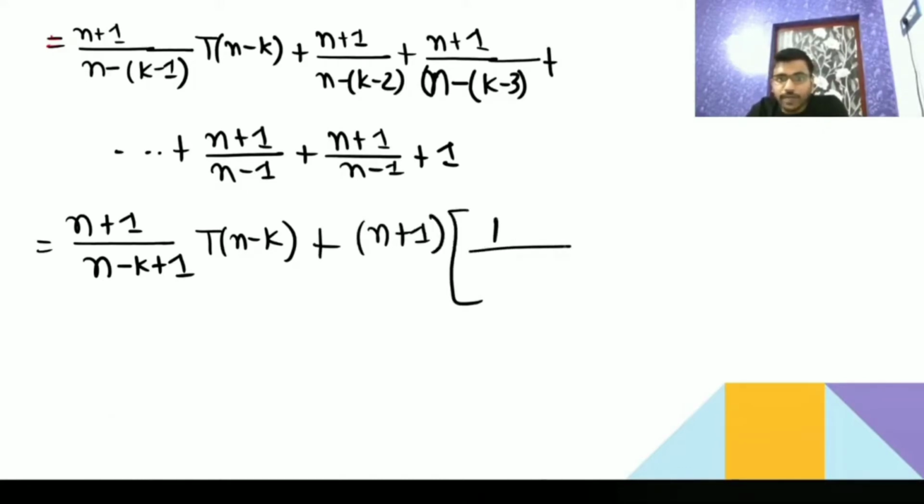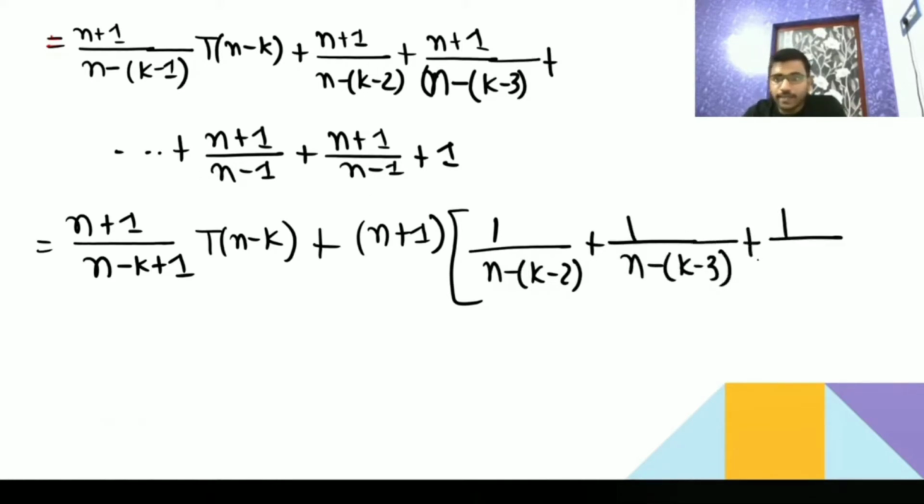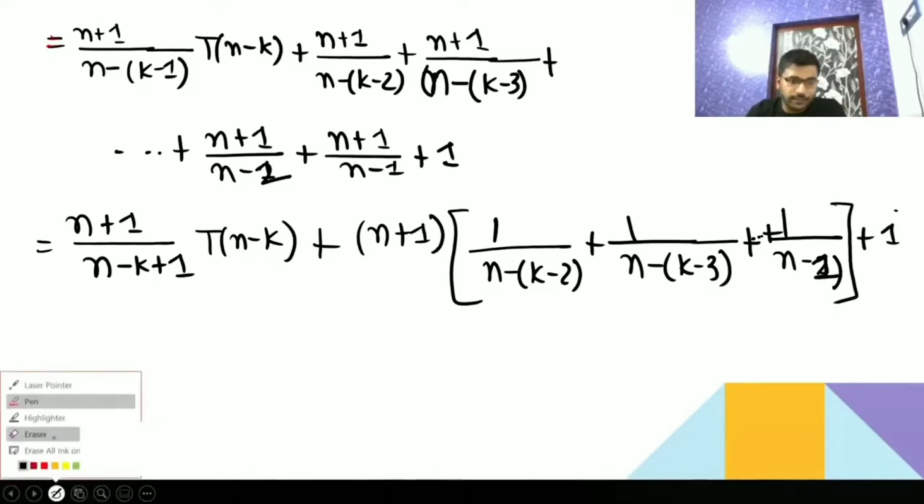So you are going to get 1 by (n minus k minus 2), then 1 by (n minus k minus 3), then 1 by n minus 1. I think I have written two times. It is n minus 2, then n minus 1. So n minus 2, you will get like this. Since I am not having space, plus 1 is, it is n minus 1. Okay, let me erase that.